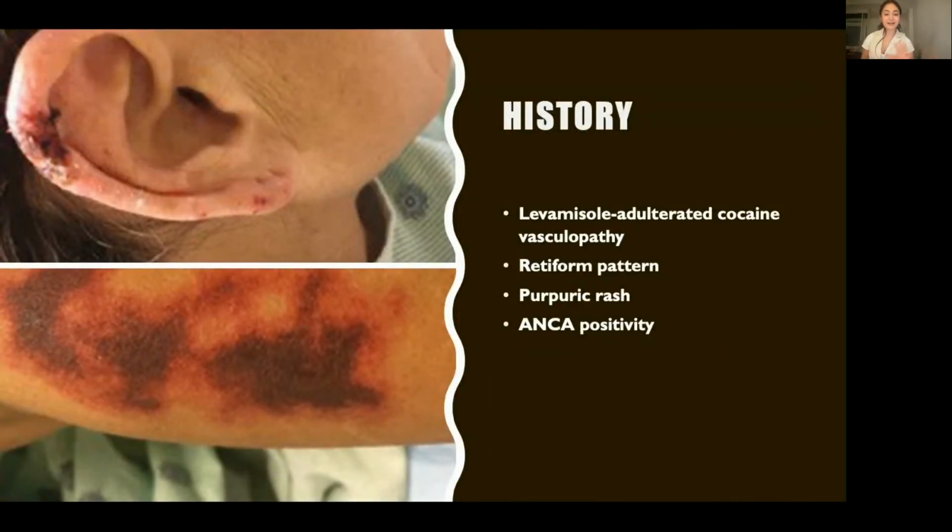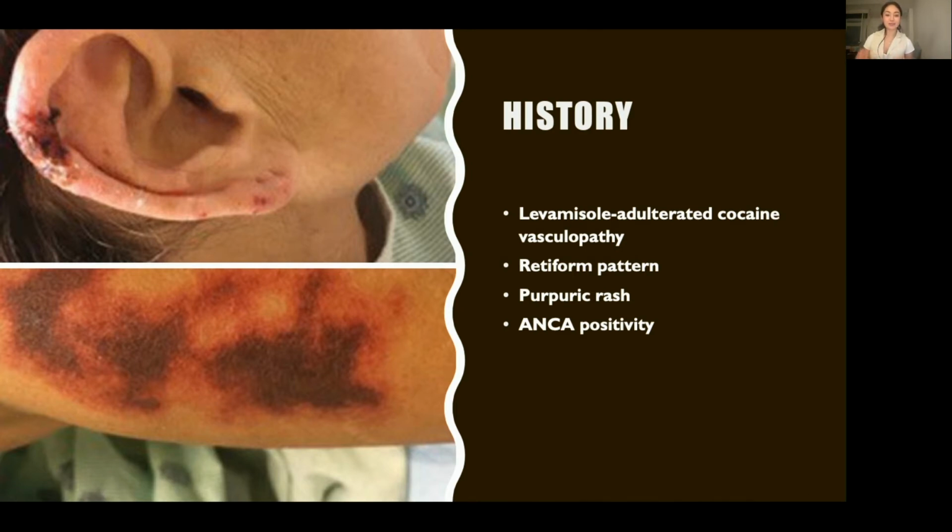Okay, so I wanted to touch upon the recreational drug side as well. So quite interestingly, there's this condition called levamisole-adulterated cocaine vasculopathy. And essentially it's induced by cocaine use.